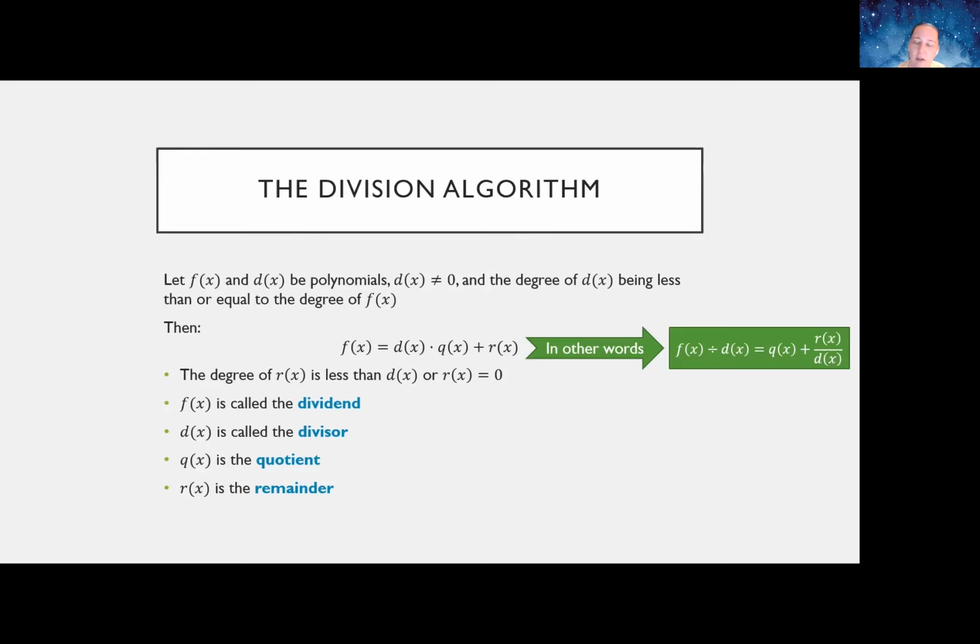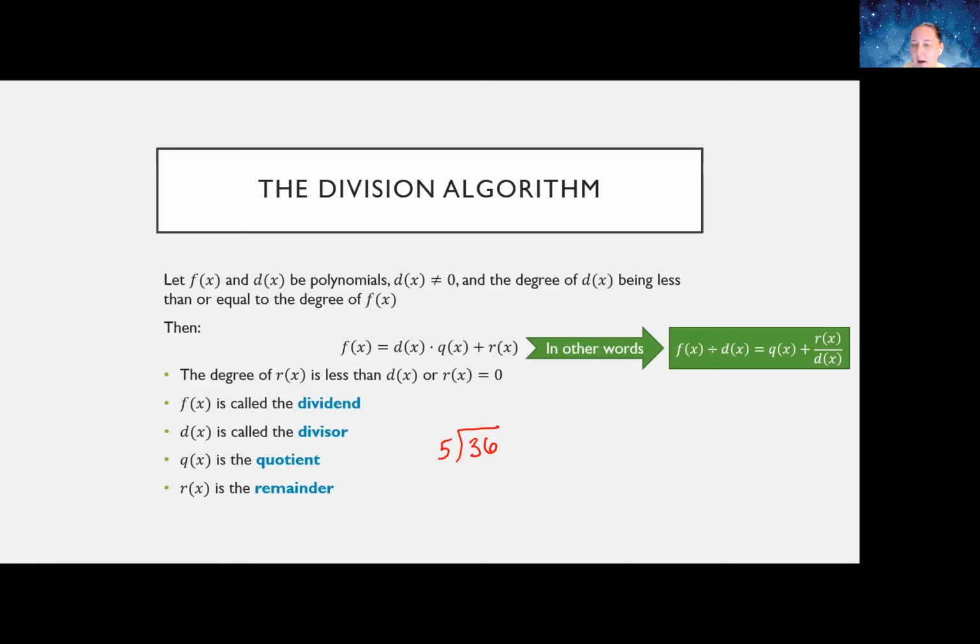What this is really saying is that if I have a polynomial and I divide it by another polynomial, I get a result plus some remainder. And when you write the remainder, it's a fraction because it's over whatever you tried to divide by. If you think of it in terms of just dividing numbers, say I'm going to divide 36 by 5.